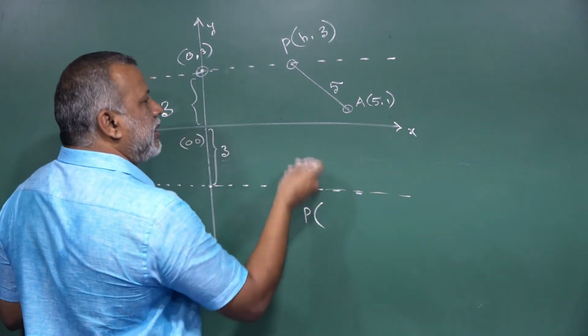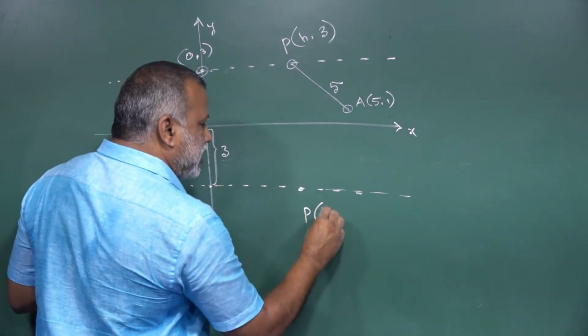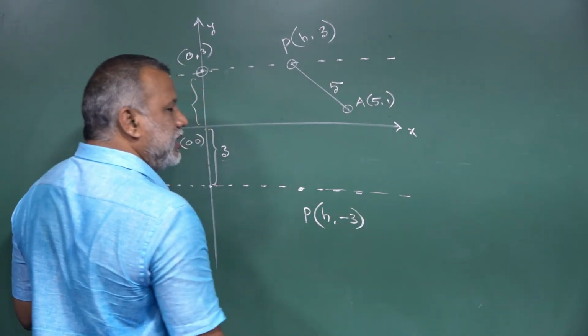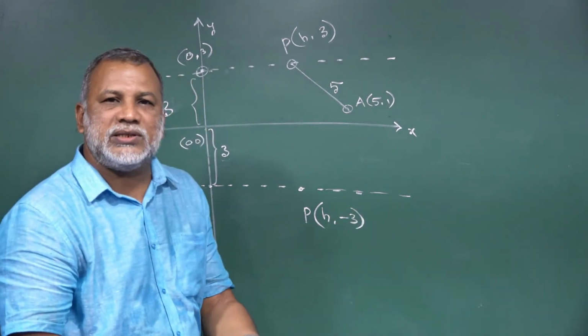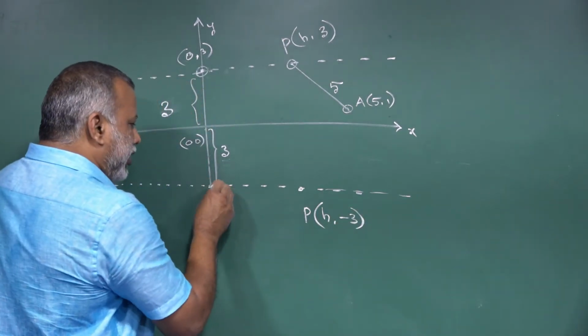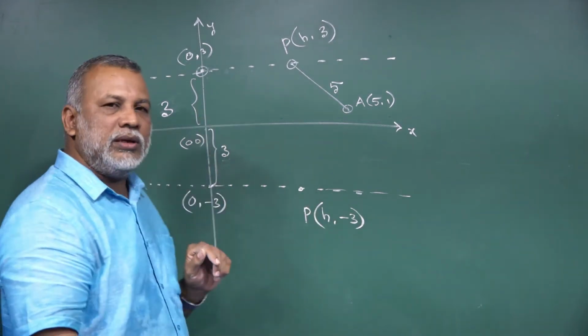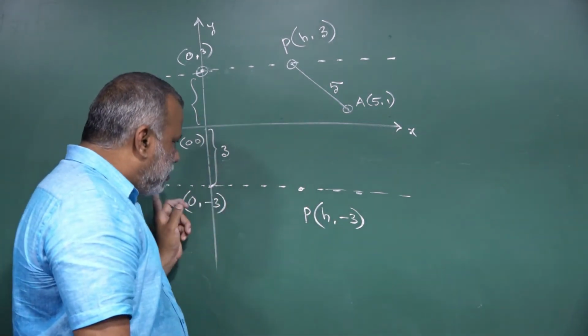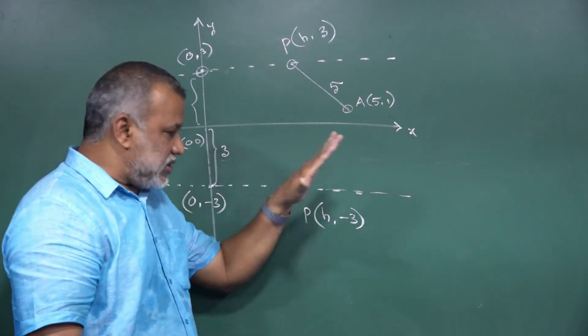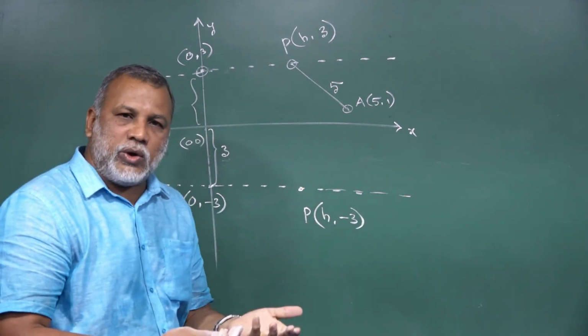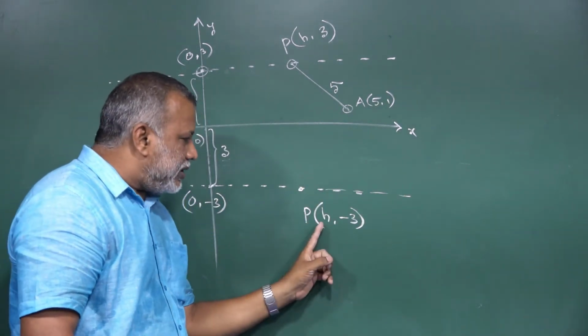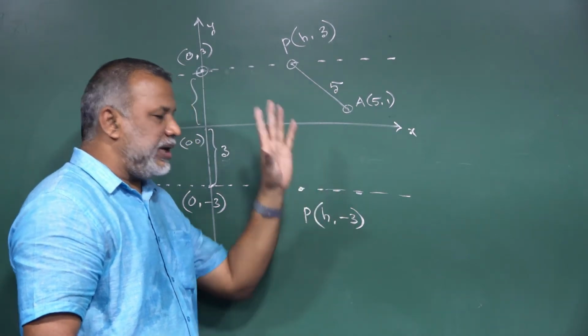This point P must be considered to be h comma minus 3. In the previous video we discussed that this point must be 0 comma minus 3. So all the points lie on this straight line having the y coordinate as minus 3. Therefore, this is considered to be h comma minus 3.